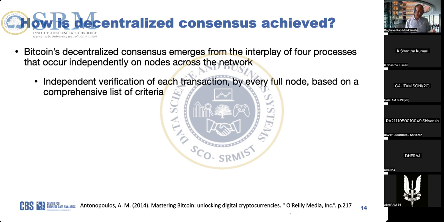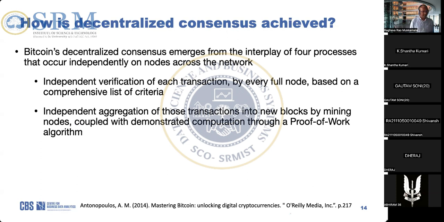For example, the coins included in the transaction are not double spent, and the total value of the input and output should match. All these rules will be followed, and each transaction will be verified by all the nodes, right? So every full node will do the verification of the transaction.